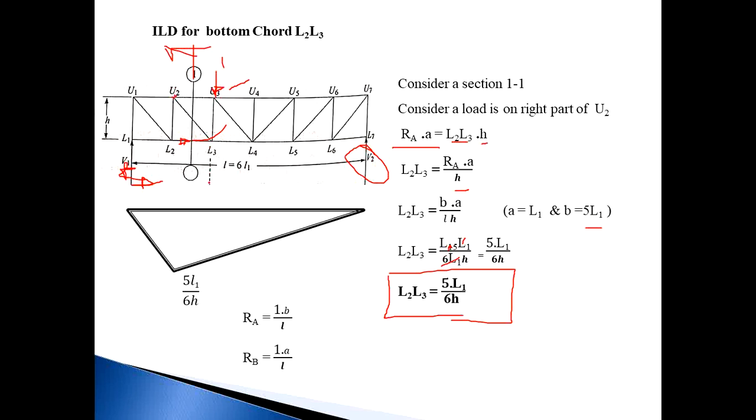So if the member is in tension, draw your ILD on the bottom of the baseline, and mark or take a projection with respect to L2, draw or plot a coordinate 5L1 upon 6H from this baseline, and join all these points.